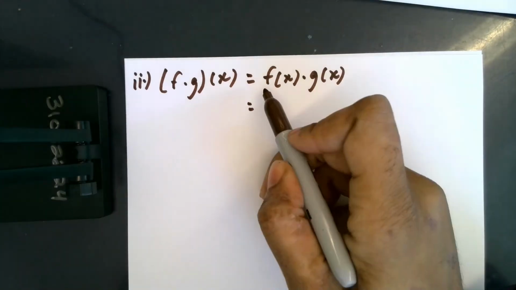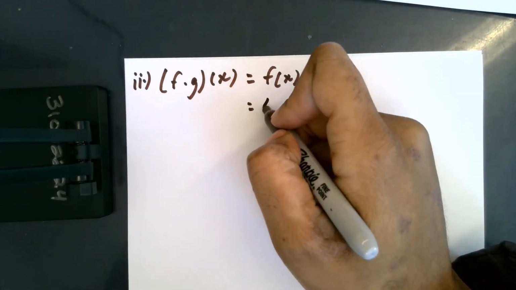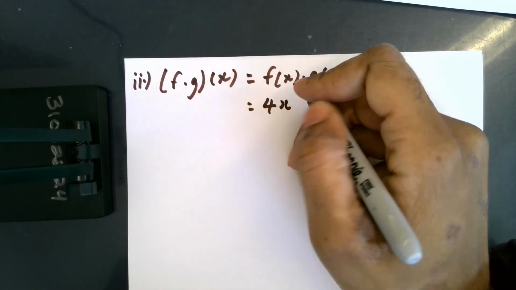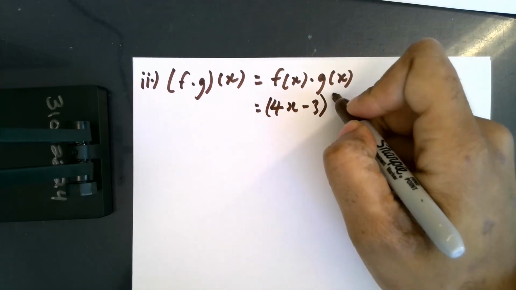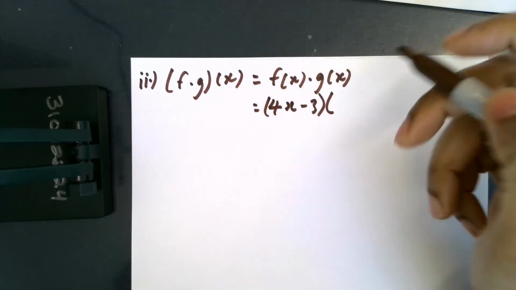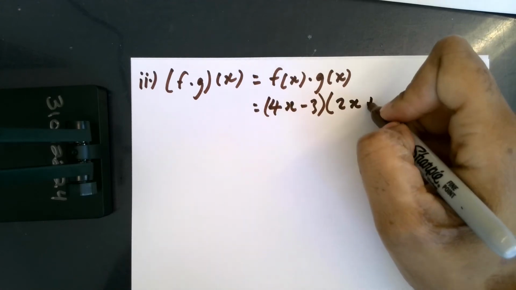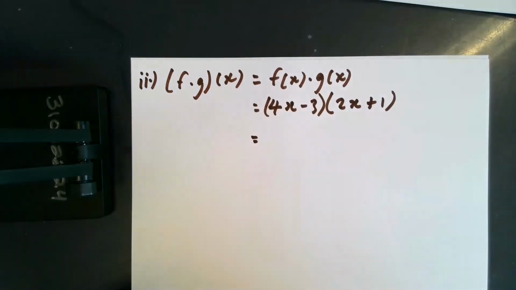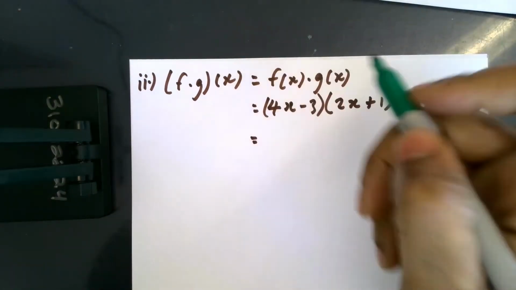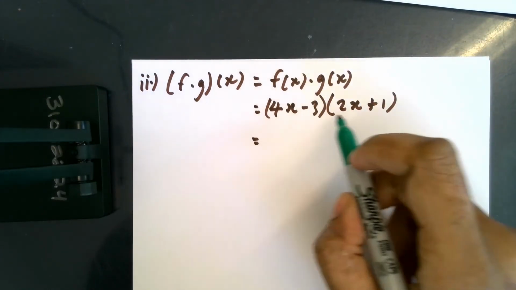So f of x represents our expression 4x, take away 3, and g of x represents 2x plus 1, all right? And the rest is easy. So I'm going to FOIL this out or multiply this out, yes?